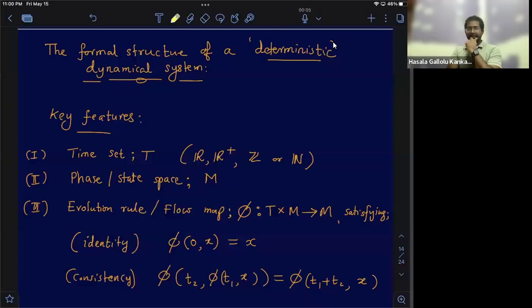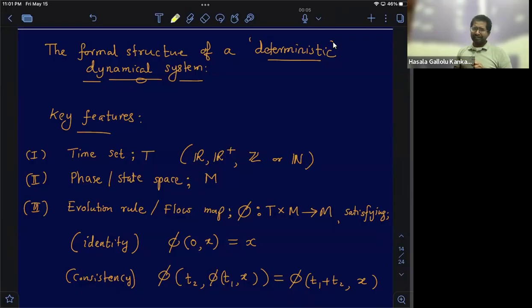We started with set T or set R, where the time variable is just moving along R. And then you have the phase space or the state space, which is given by M. And then we had two different functions or two different collections of functions. One mapping is g^t, the collection of g^t. The other mapping is, by the end, we define the motion.